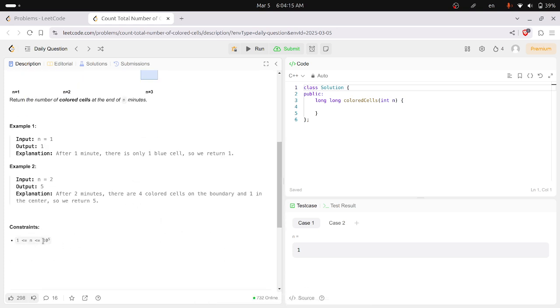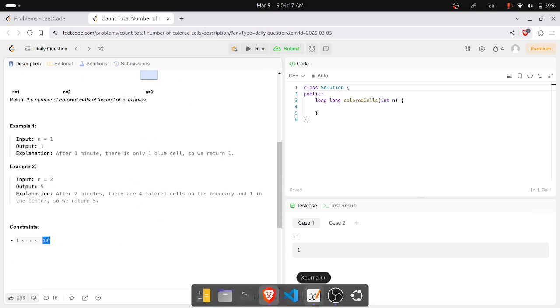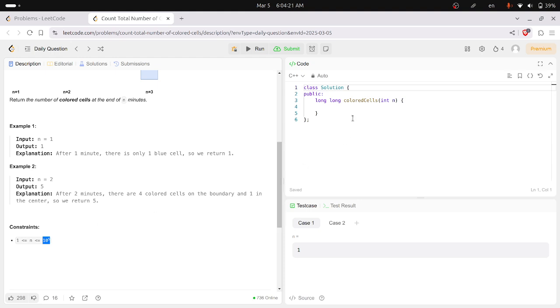Now I will try to answer. Initially, I will try to answer in O of n. Let's try. So integer answer equals 1. I will do n minus minus because the first one is always that. While I could actually use minus minus n instead of this.